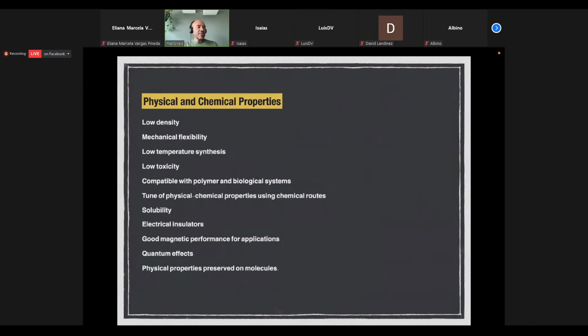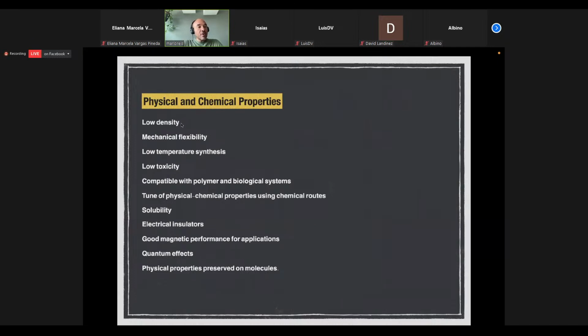Well, these are general aspects of the materials. We can see, in addition, on top of these properties, we can add some other filters for these molecular materials.